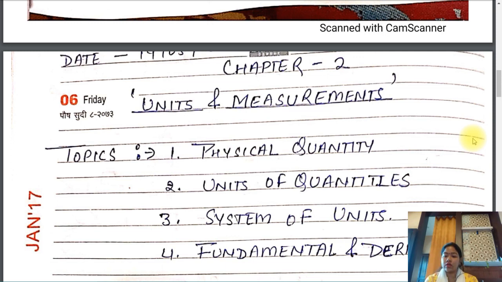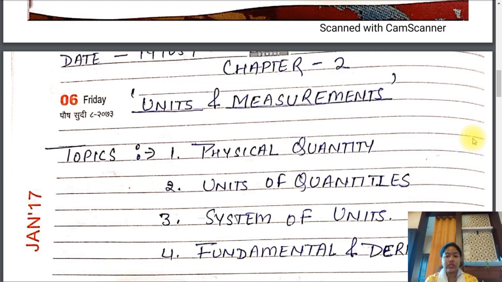All these are physical quantities that include some amount, some quantity of that specific thing. So very first, how will we describe any physical quantity? What is a physical quantity?